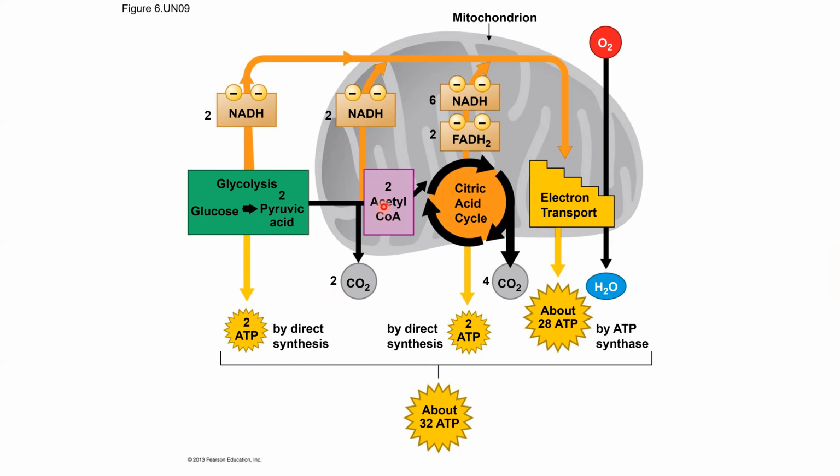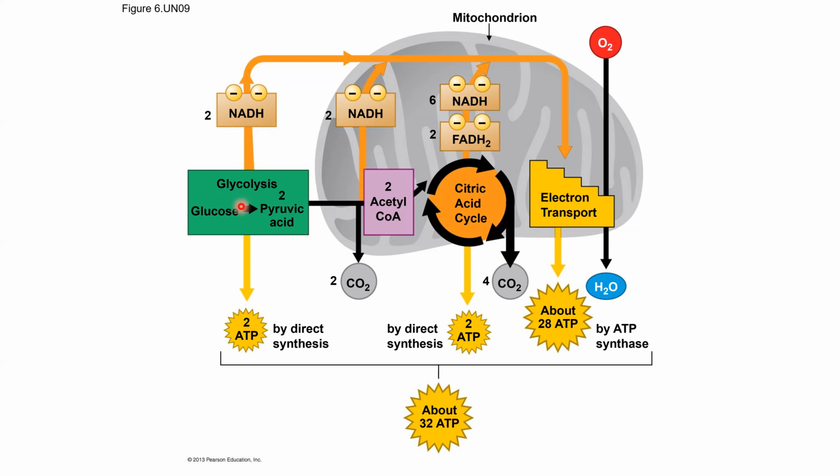Now acetyl-CoA goes through a series of chemical reactions called the citric acid cycle, and 4 carbon dioxide molecules are made, and 2 ATP molecules. So this is carbon and oxygen. What happened with hydrogen? Hydrogen has a proton and an electron.